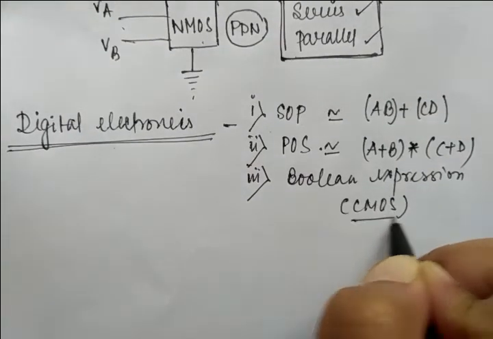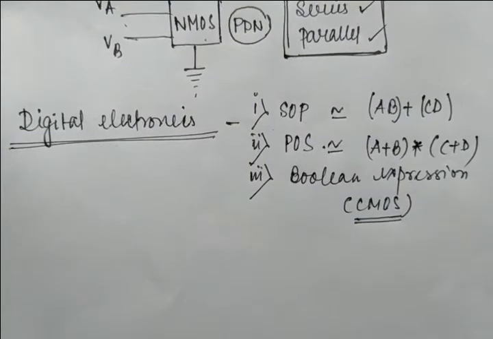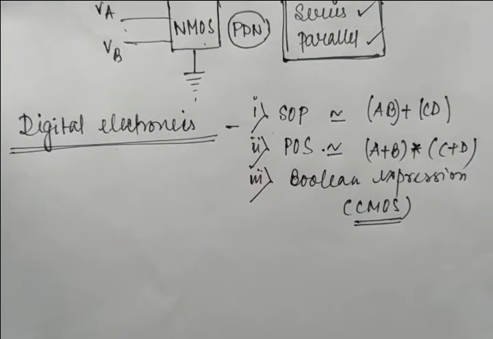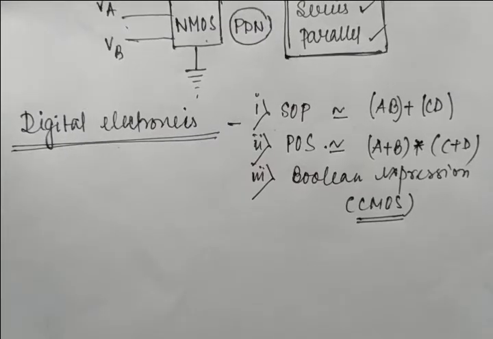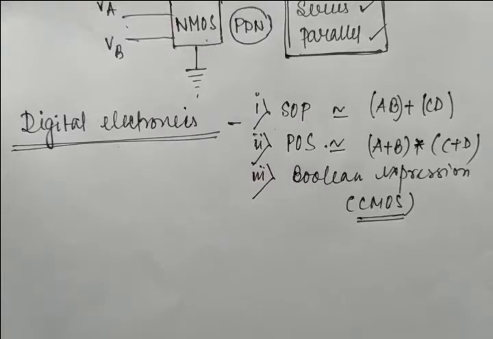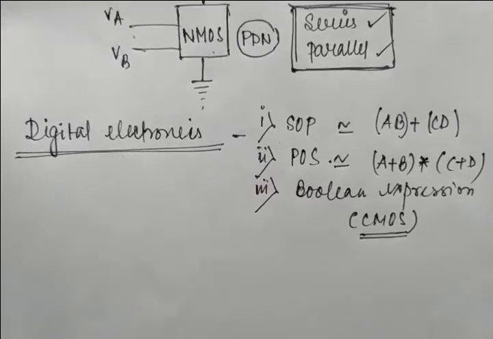And it is a very important question. It frequently comes in your semester. A very big Boolean expression is given, and it is said to please design using CMOS. So how to design? How will we start with CMOS?